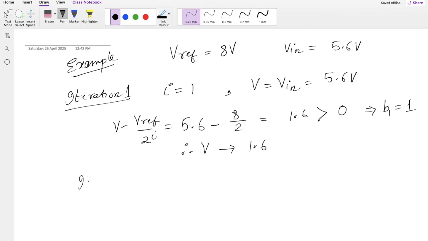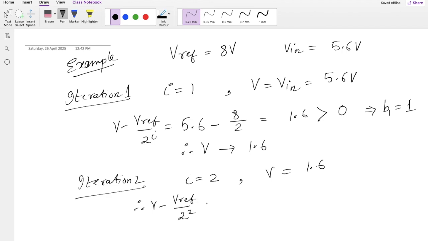In iteration number 2, I is equal to 2. Now V, we know, is updated to 1.6 volt. Therefore V minus Vref by 2 power 2 is 1.6 minus 8 by 4.